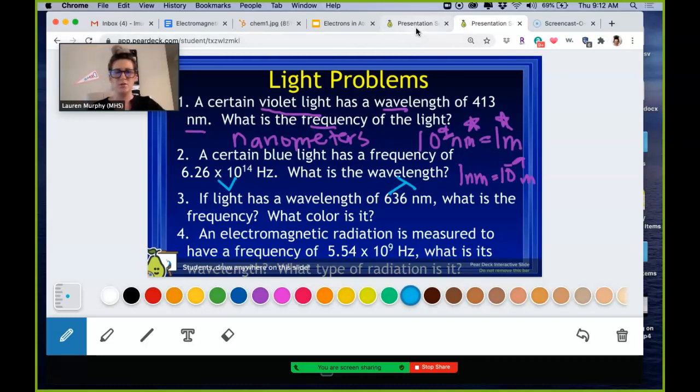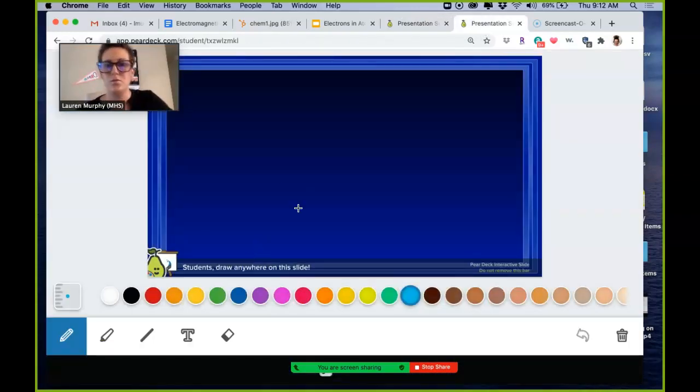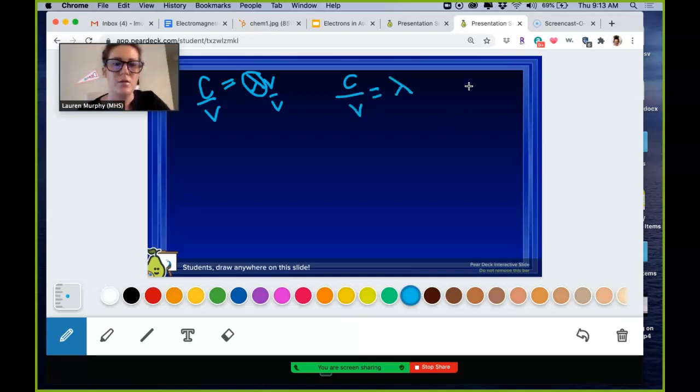So 6.26 times 10 to the 14th hertz. So c equals wavelength times frequency. I'm solving for wavelength, so I divide both sides by frequency. So c, speed of light, over frequency is wavelength.